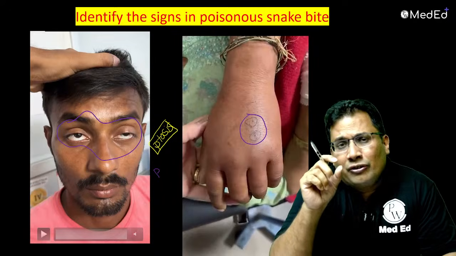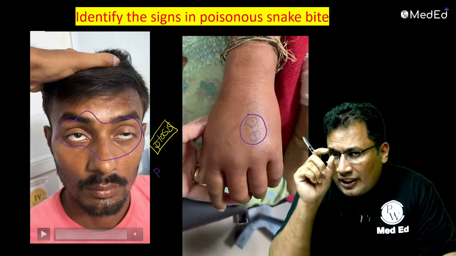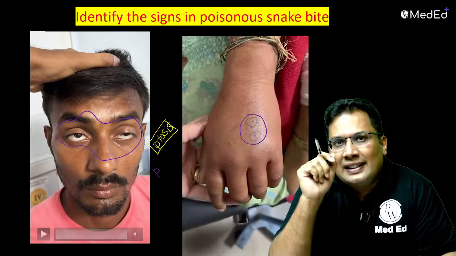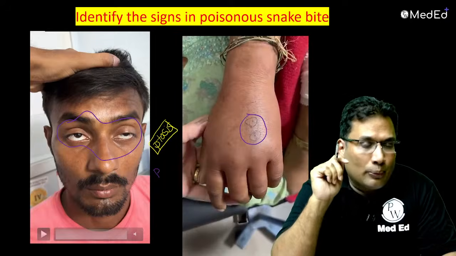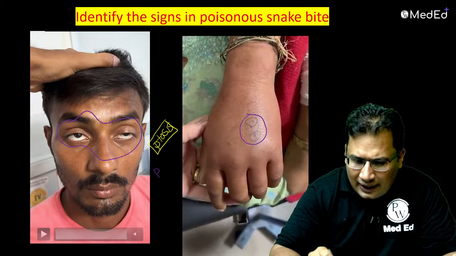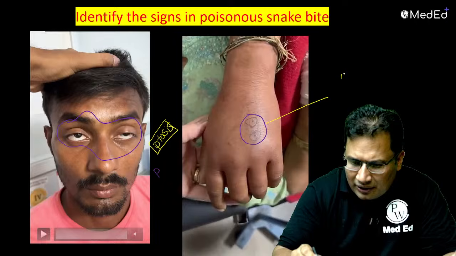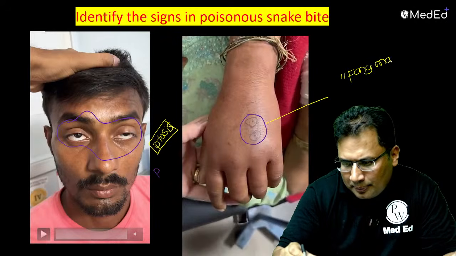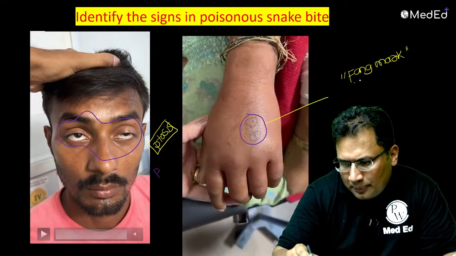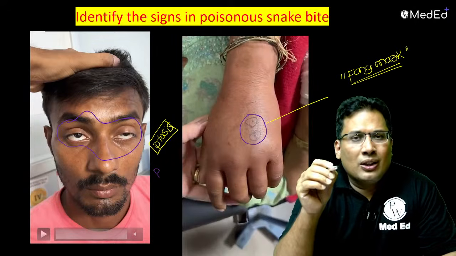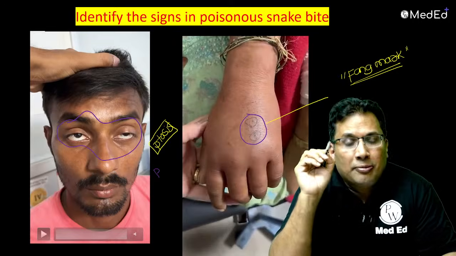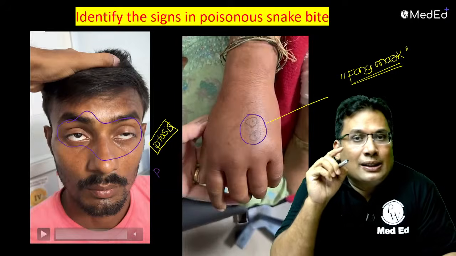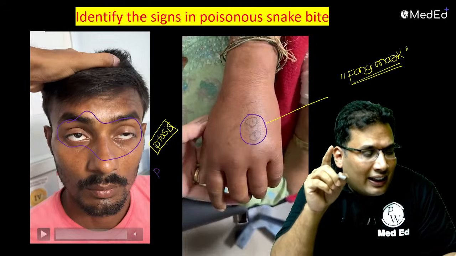It is because of weakness of the extraocular muscle levator palpebrae superioris, that is LPS, supplied by the oculomotor nerve. And in the second image, we can see a clearly visible fang mark. The fang mark is a feature of venomous snake bite. But try to understand, sometimes the fang mark is invisible in case of common krait bite.